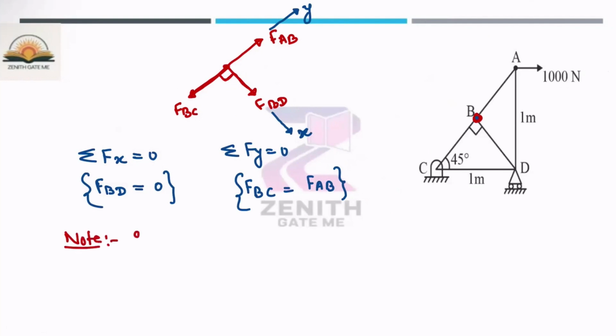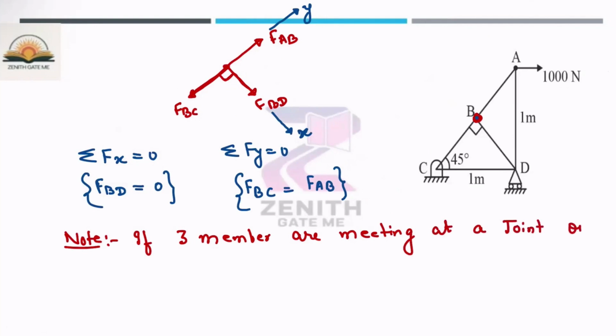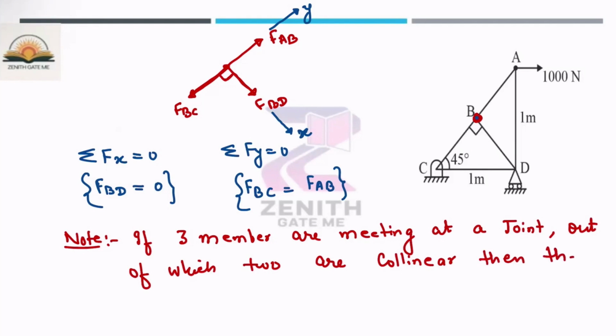Whenever you see three members meeting at a joint, out of which two are collinear, then the force in the third member will be 0.